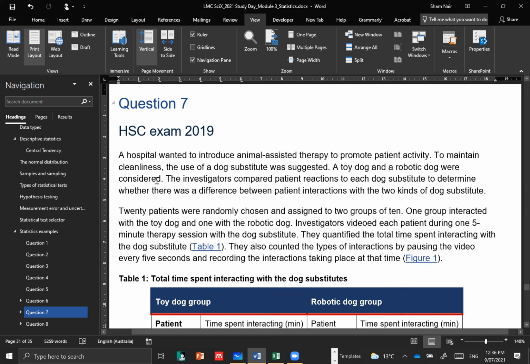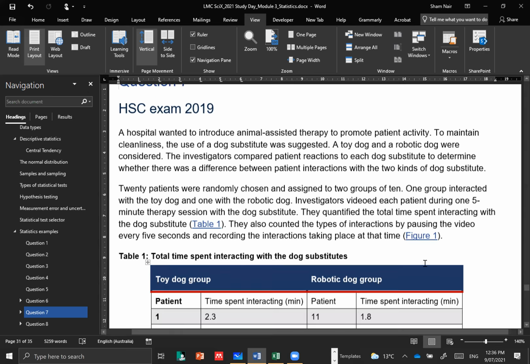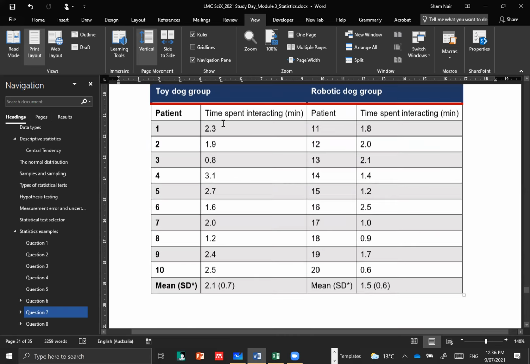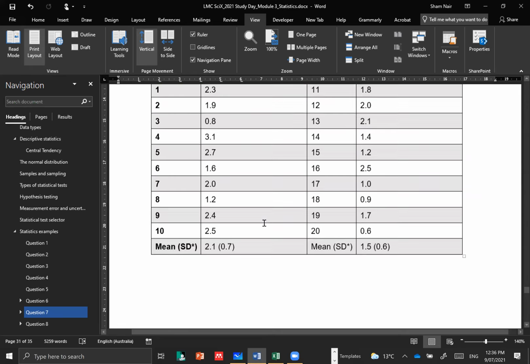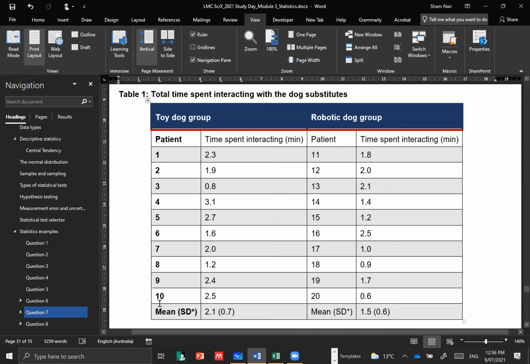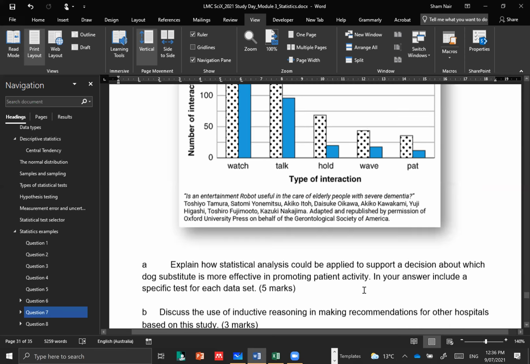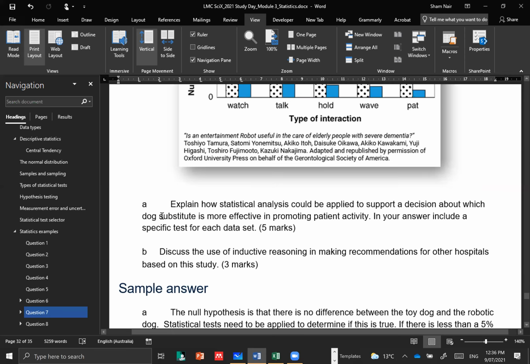Students were given this particular study. Okay, here's a summary of the study. And here's some data associated with it. So here's a table with some measurement data. You're given the means and the standard deviations in brackets. You're given a second data set. Now, look at this question here. Okay.